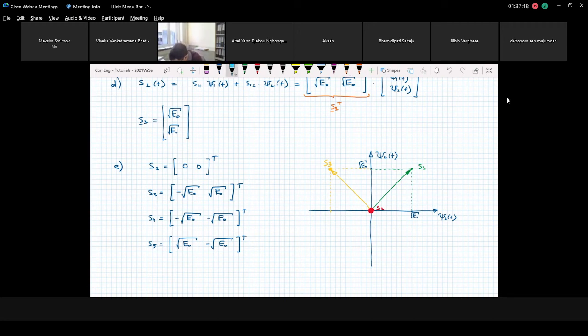Then S4, which has coordinates minus square root of E0 and minus square root of E0. And finally, we have signal S5 with coordinates square root of E0 and minus square root of E0.